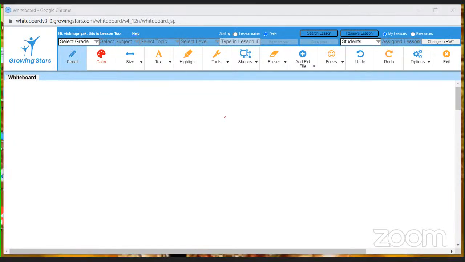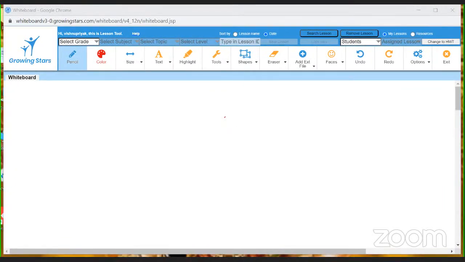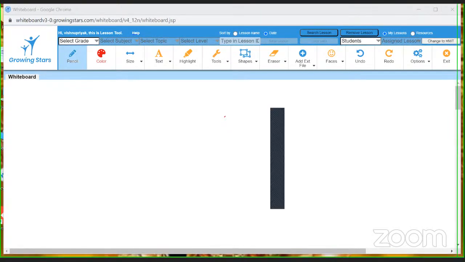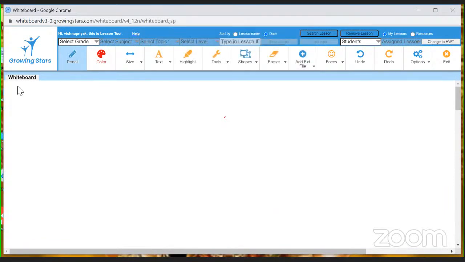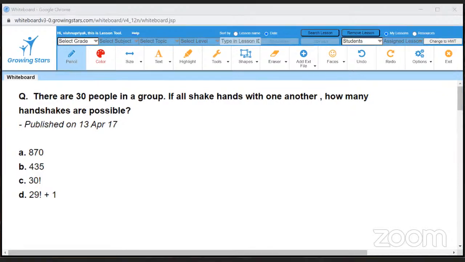Let me paste the first question. Here is the question. There are 30 people in a group. If all shake hands with one another, how many handshakes are possible?